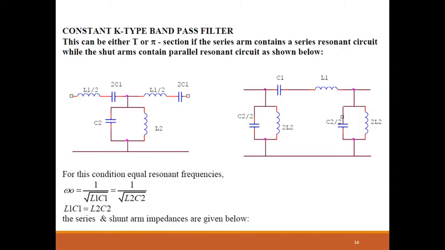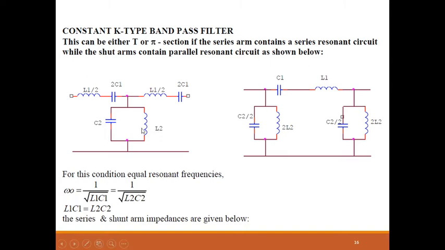Similarly, consider the constant K type band pass filter. For the band pass filter we consider T and pi sections, where the series arms contain series resonance circuits and the shunt arms contain parallel resonance circuits.